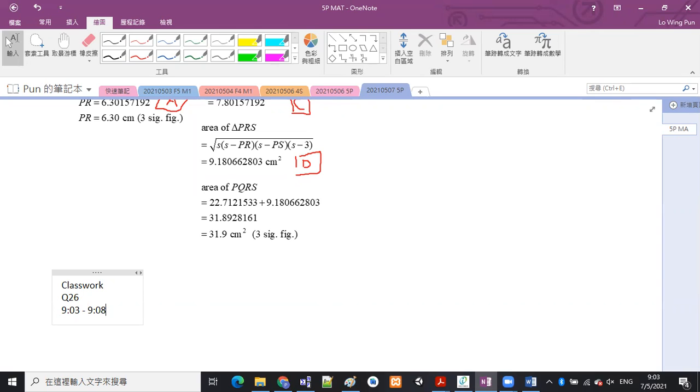I think for 26, part A, it is quite troublesome. You need to find almost everything before you can find the answer. Okay, but just do it.